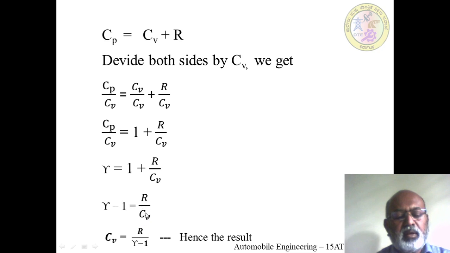If we send Cv to the left side, it goes to the numerator, and gamma minus 1, if we take it to the right-hand side, becomes the denominator. Hence the result: Cv is equal to R divided by gamma minus 1. You have to remember it.